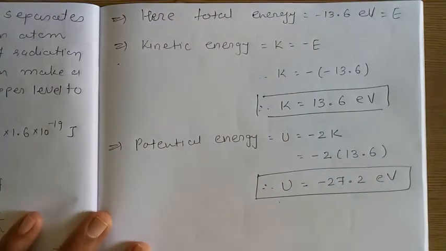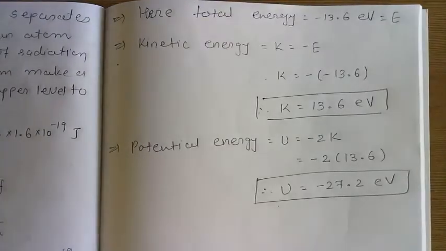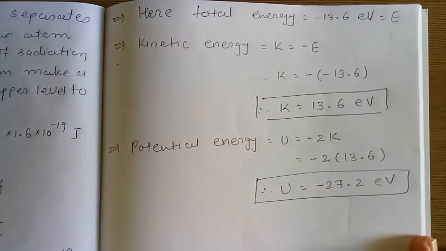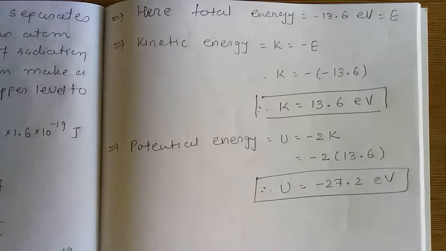Right. So this is the very easy example. The value of total energy of hydrogen atom is given. Total energy is minus 13.6. We have to find out the value of kinetic energy and potential energy.